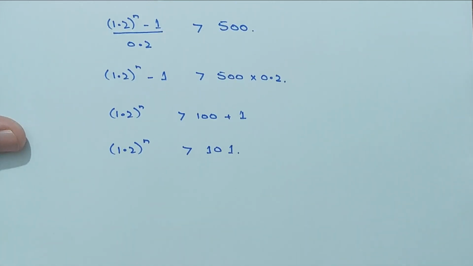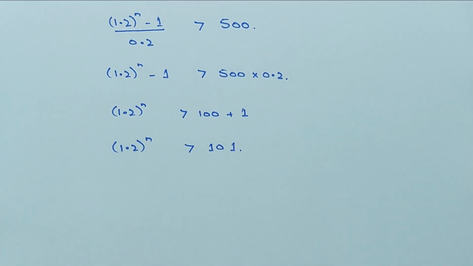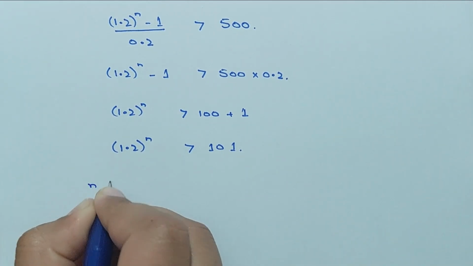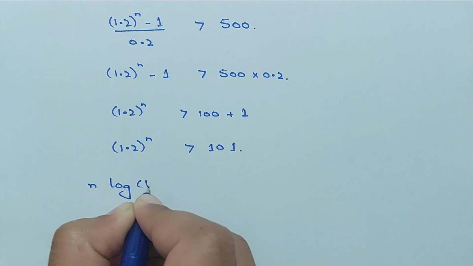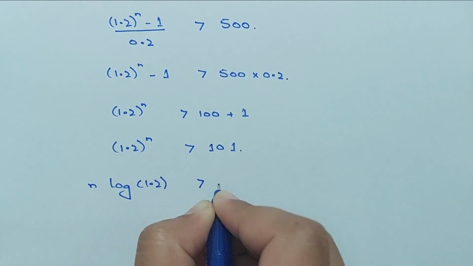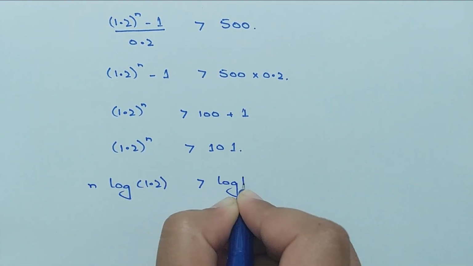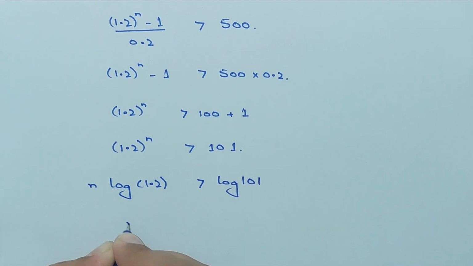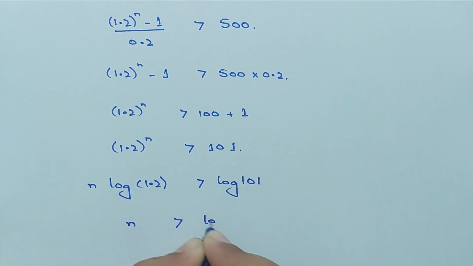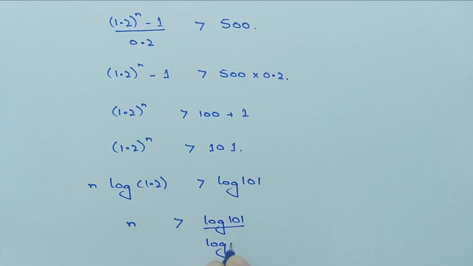Right? Now we have to solve for n. For this we take the log on both sides. We have n log of 1.2 is greater than log of 101. So n should be greater than log of 101 over log of 1.2.